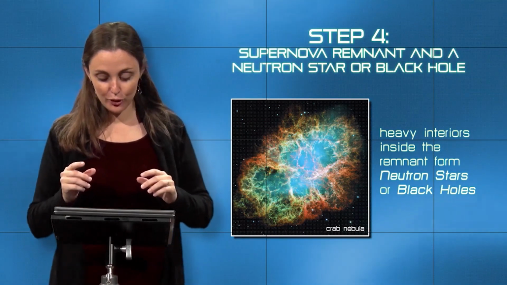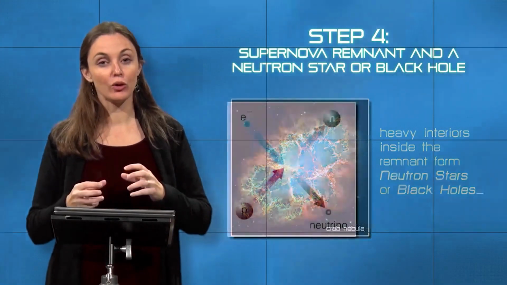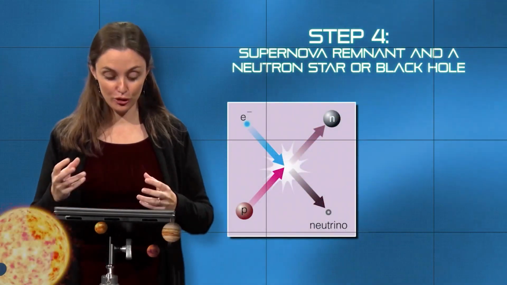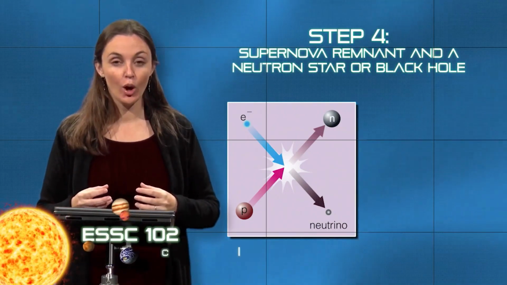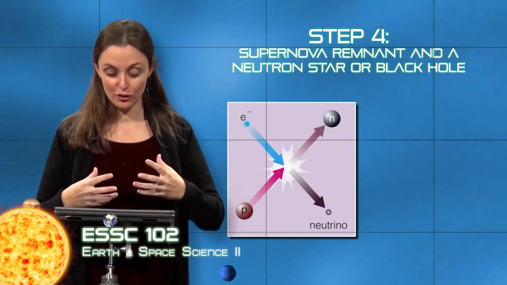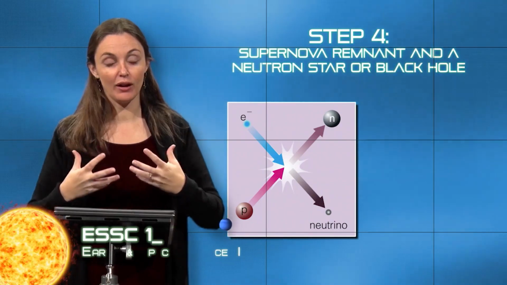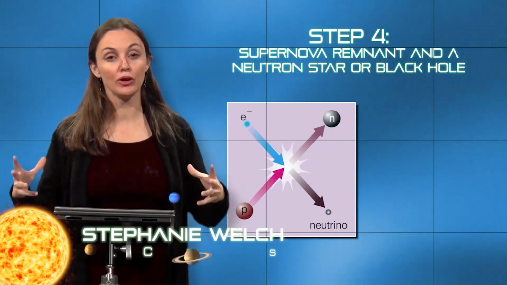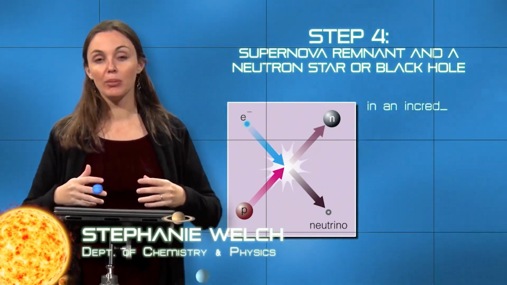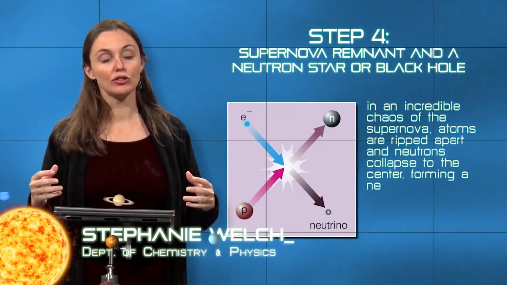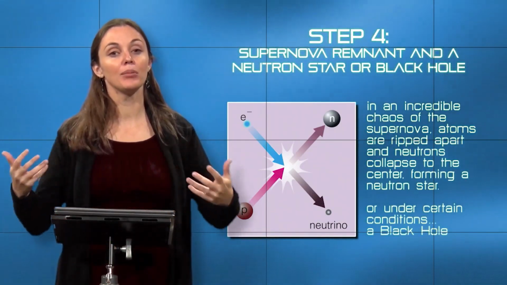First, I wanted to talk about this process of forming either one of these, either a neutron star or a black hole. With the kind of chaos that you get in the death throes of the star, in that supernova event, you rip apart all the individual atoms and you're just left with the pieces that make up those atoms.